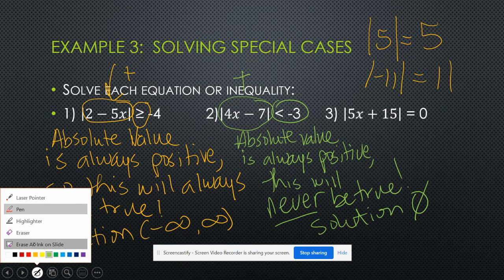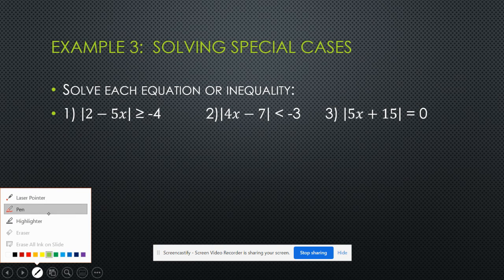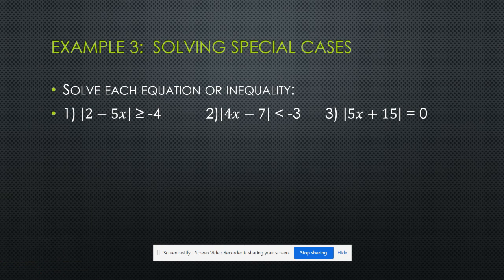We have one more special case, and that's this last one. The absolute value of 5x plus 15 is equal to 0. Remember, we're always looking for the two values that are whatever number that is distance from 0.